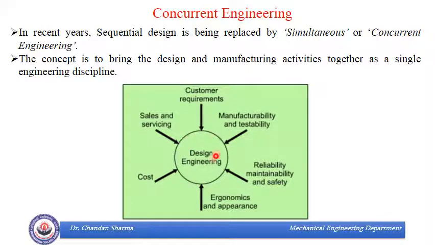So whatever design the design engineering department is proposing, since they have taken the feedback from all these departments, it is likely that the design is final and there will not be much change, since whatever suggestions they are about to give, the design department has already taken. So the concept is to bring the design and manufacturing activities together as a single engineering discipline.